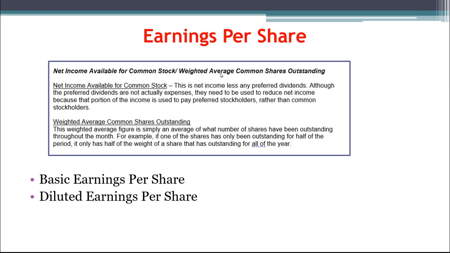The weighted average would basically be the full 4,000 plus half of the 6,000 shares that we added at the end of the period. You add those two together and divide by 2 to get a weighted average common shares outstanding.